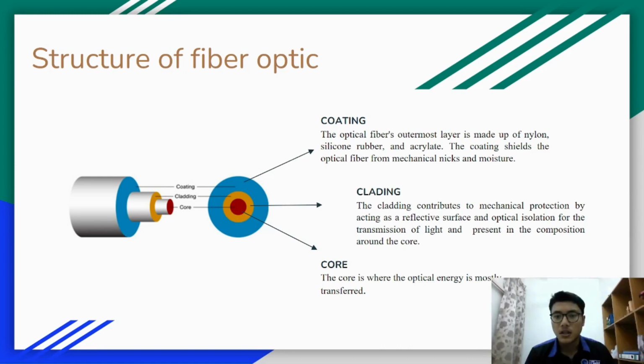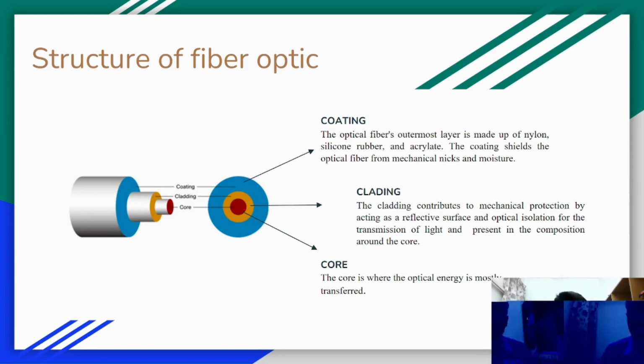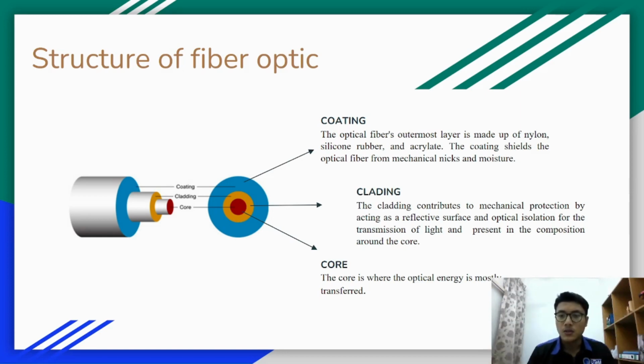The coating shields the optical fiber from mechanical nicks and moisture. For the cladding, it contributes to mechanical protection by acting as a reflective surface and optical isolation for the transmission of light, and is present in the composition around the core. Meanwhile, the core is where the optical energy is mostly transferred.